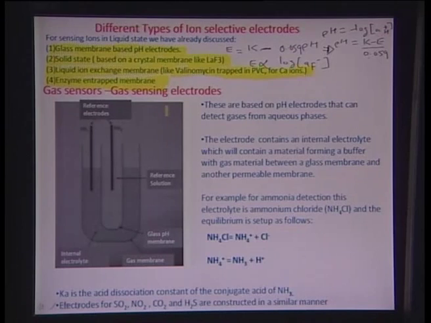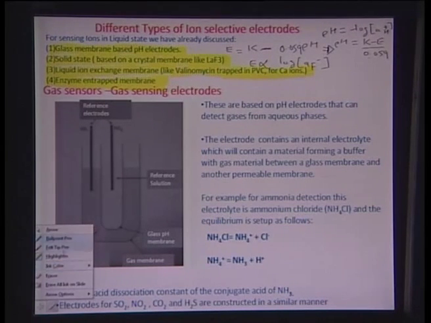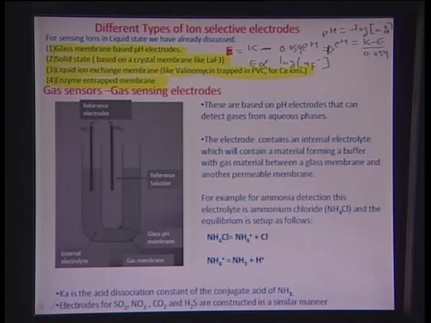So just to let you know a few mathematical details about how pH electrodes are calibrated. If you look at the Nernst equation for such an electrode, the EMF measured by the pH electrode would be equal to the intercept, the Nernstian intercept, which is K, minus the Nernstian slope 0.059.